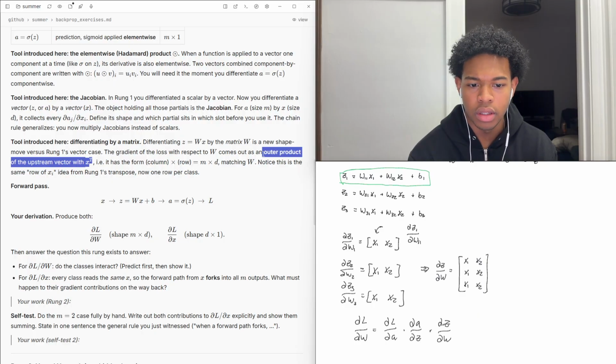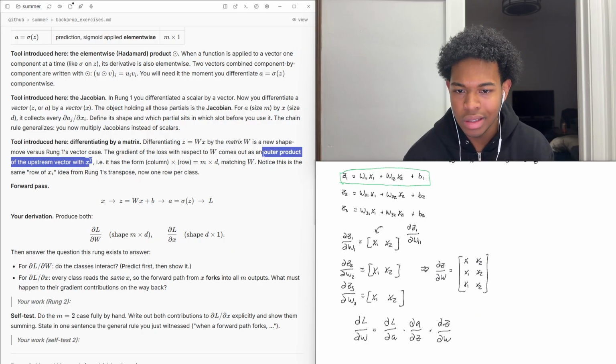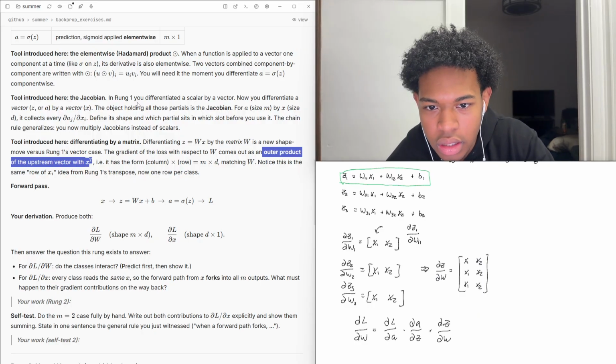Sigmoid is operated element wise, and I think it told me I would need this.